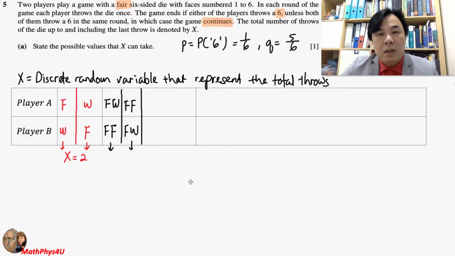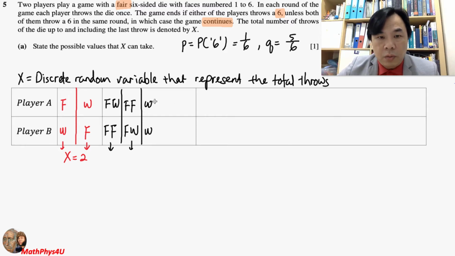Now you are thinking, is there any other possibility? Now let's try to investigate further. Based on the instruction itself, it says that if both of them get a 6, then the game continues further. So if both of them get a 6, for instance, in this case both of them win, we can't decide the winner yet, so the game will still continue further.